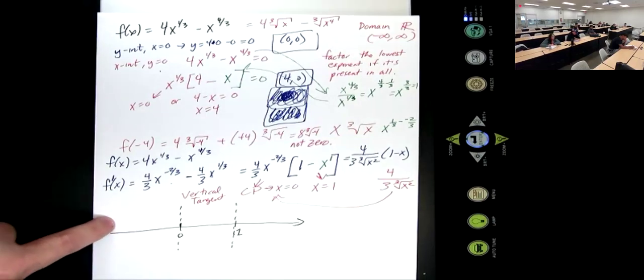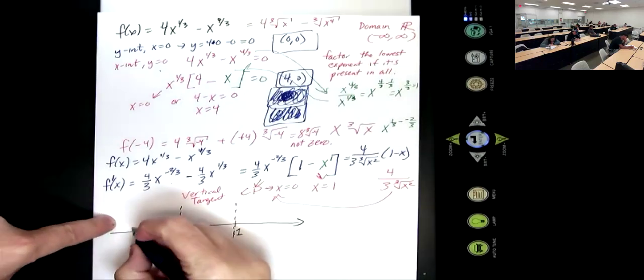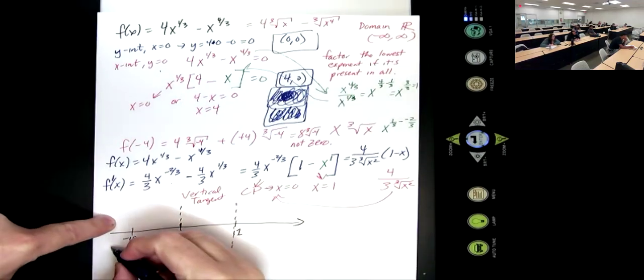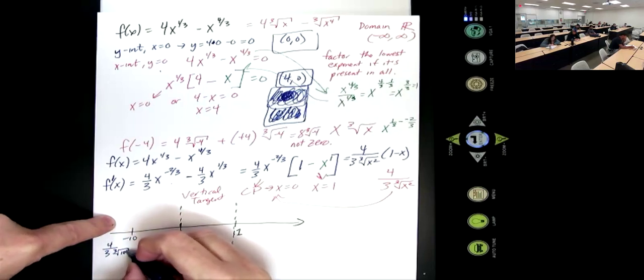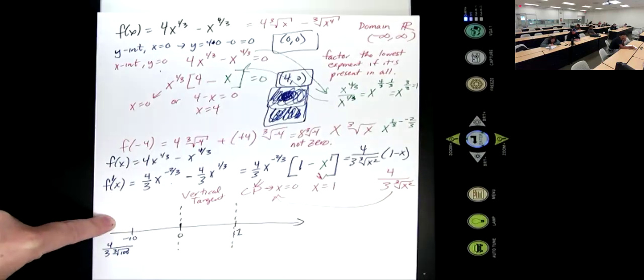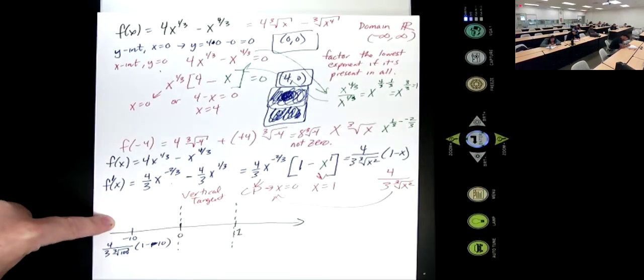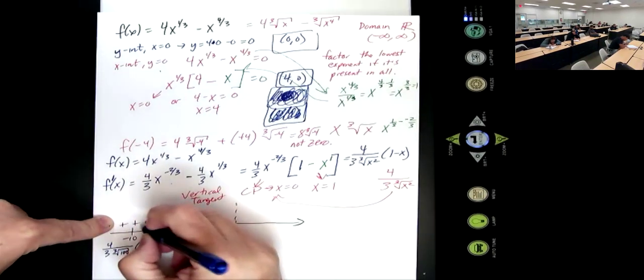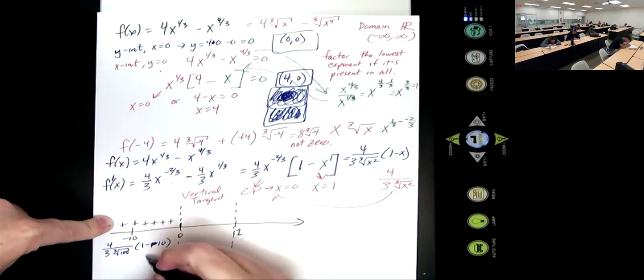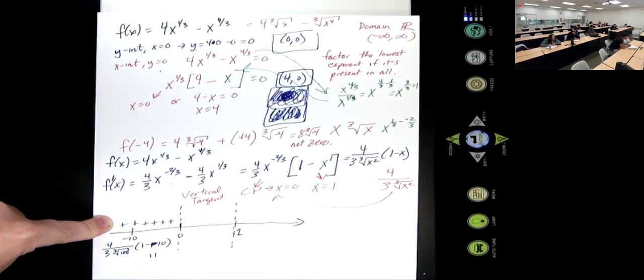So if I stick in a negative number like -10, we have 4/3 times the cube root of 100 times 1 minus -10, which looks positive. Because 1 minus -10, that's 11, cube root of 100, I don't know what it is, but it's positive. We don't have any negative signs there.